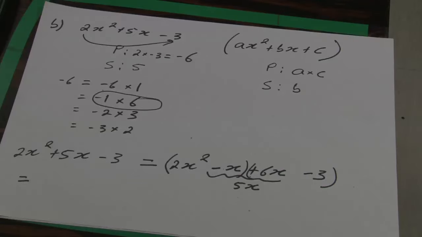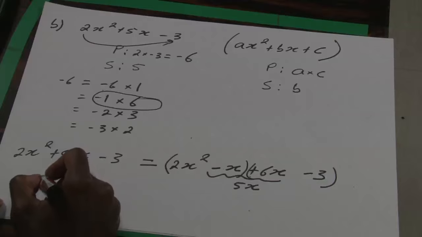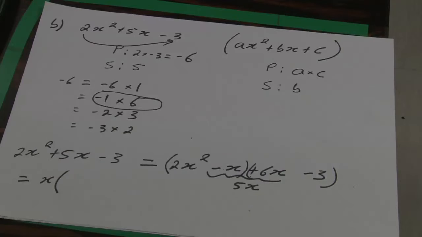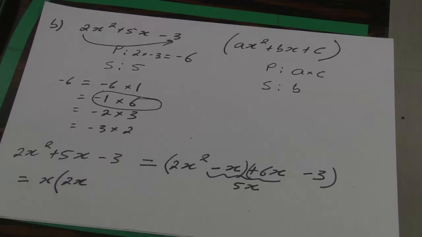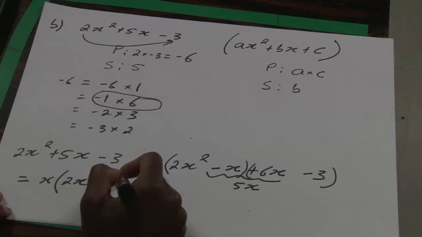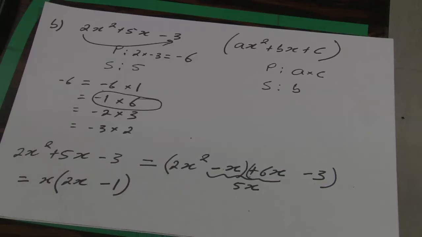The first one we have 2x squared, we have x as a factor there, and the second one we have negative x, which we also have x as a factor there. And therefore, we write this as x, and then inside we are left with 2x. If you take one x out, then you're only left with 2x minus 1, because you've taken x out, you are only left with 1.